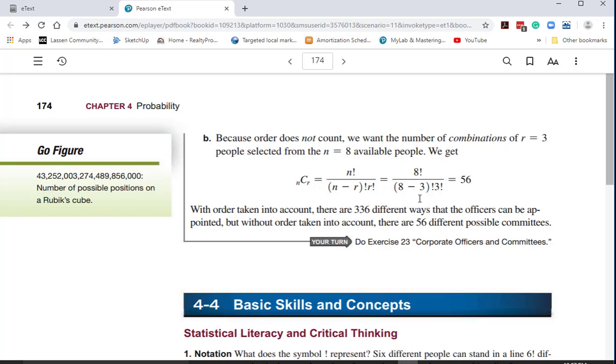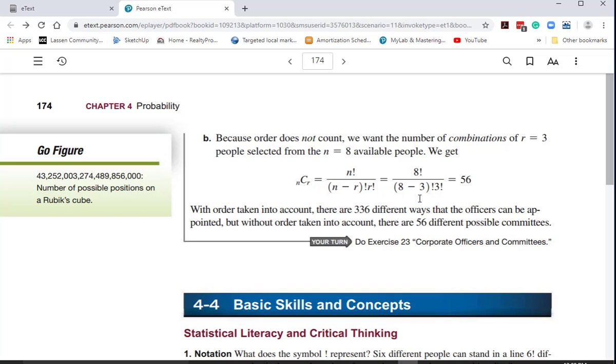Okay, so we got 3, and divided by 3 factorial, right? And what does this top guy mean? Yeah, but how do I write it? How do you write 6 factorial out? 6 times 5 times 4 times 3 times 2 times 1. And what's 6 minus 3? This is factorial. 6 minus 3. Yeah, 3. And what's 3 factorial?